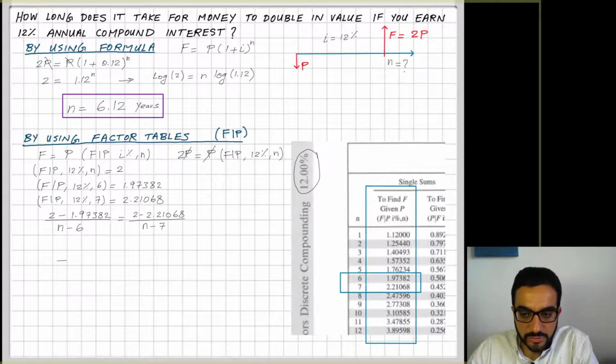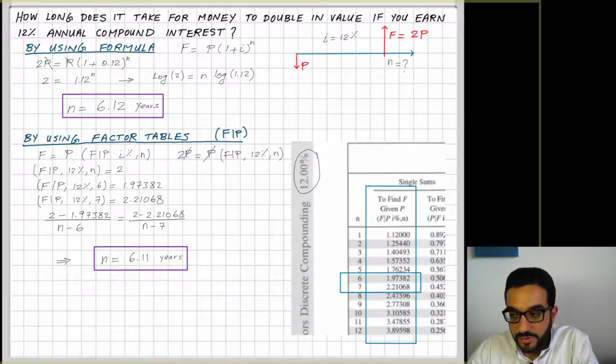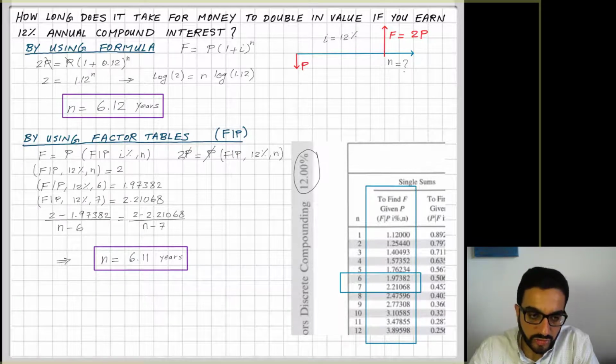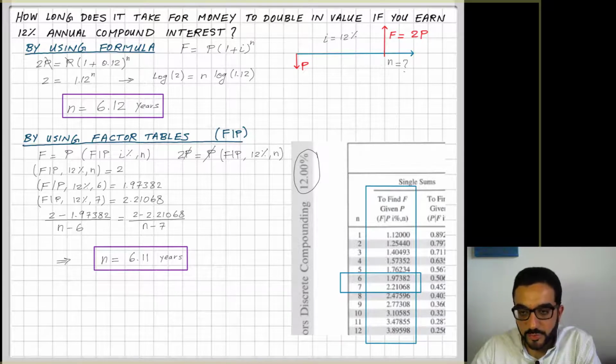We'll not get too into the math here, but I will assume there is a linear relationship of this interest factor between years 6 and 7. Assuming that it's linear, I can do interpolation, and if I do the calculations, you will find that n is equal to 6.11, which is pretty close to 6.12, just because the numbers in the tables are already rounded.